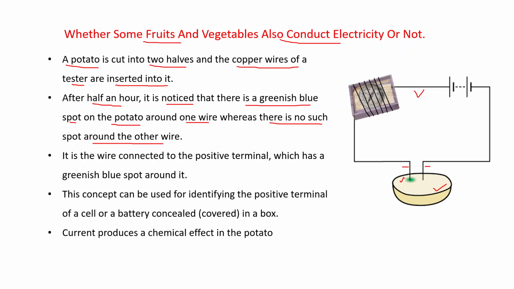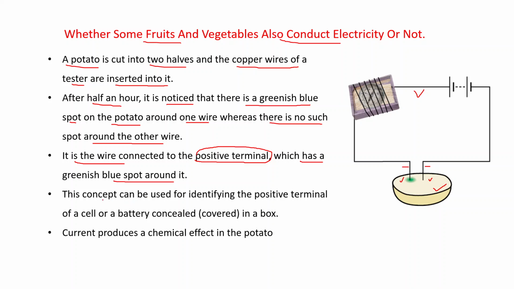This is the greenish blue spot at one wire, and at the other wire there is no such spot. If we repeat this activity again and again, we will observe that it is the wire connected to the positive terminal which has a greenish blue spot around it.